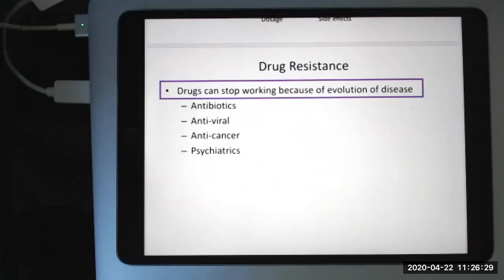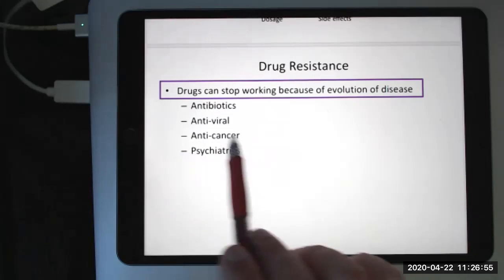So that's what's happening a lot with, that's why we don't have a universal anti-HIV, because it's a retrovirus. It has RNA. They mutate quickly, and so these things can stop working because they've mutated so that they don't work anymore.